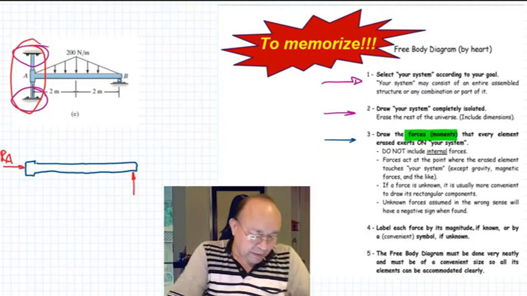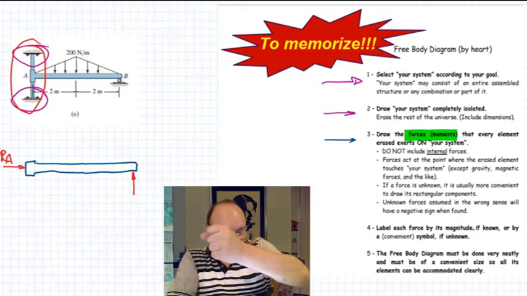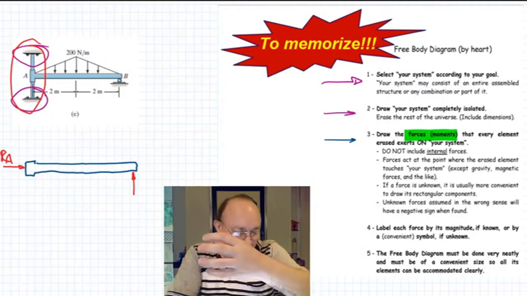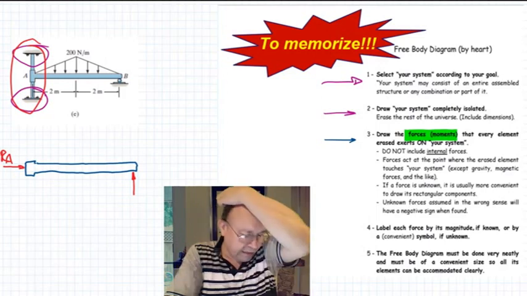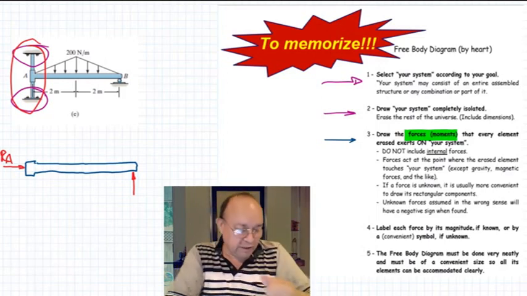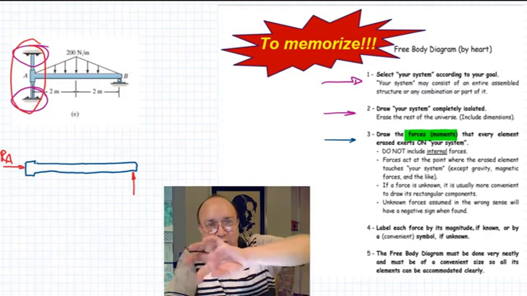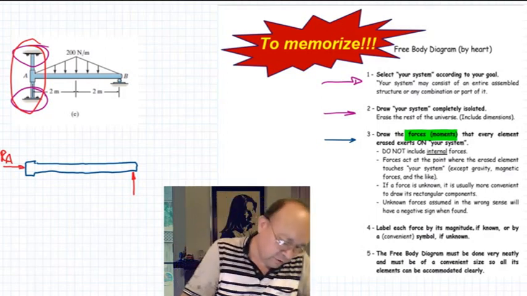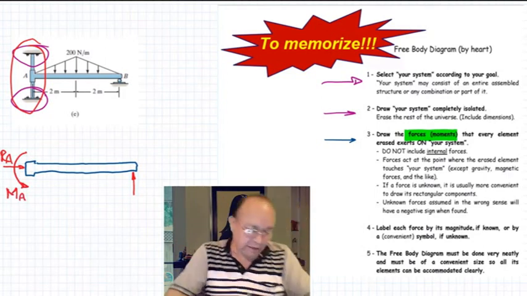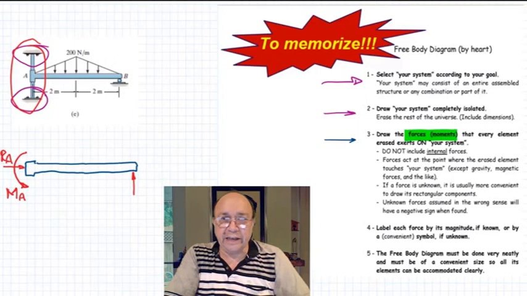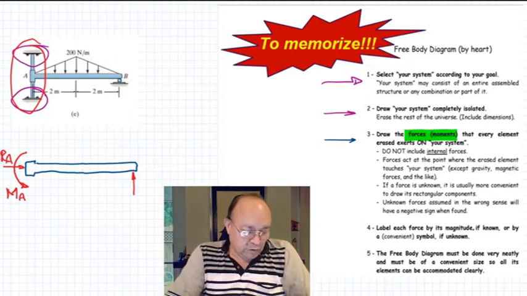Now, this collar there is not allowing for any rotation at that end at point A. So that support is able to apply a moment to avoid any rotation. So there will be a moment here. Let's call it M sub A, a reaction moment at A. We don't know the direction, so we just put it in any direction we want.